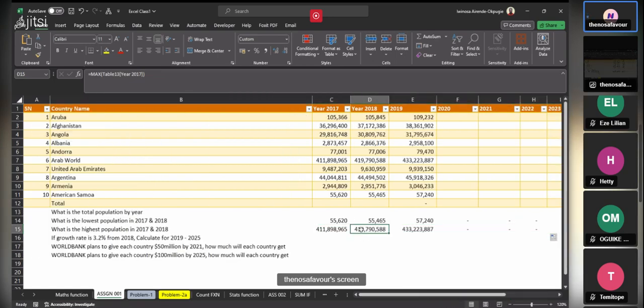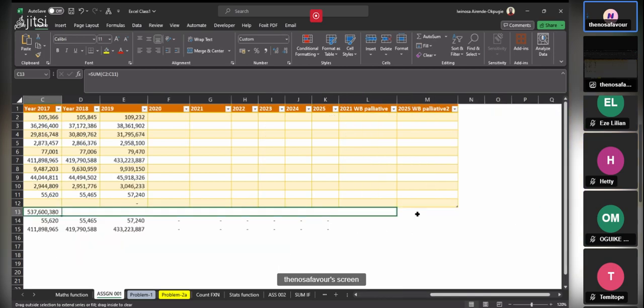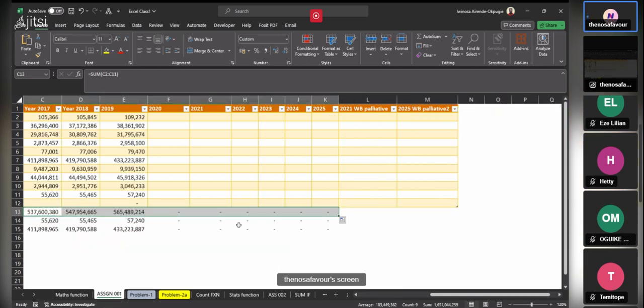And if you want to be sure, when you check your formula, you will see it says Table13 year 2018, year 2019. If we also do the same thing, if I say this equals SUM, and drag this down, bracket close, enter, and drag this down as well, it's also going to copy that same formula across the board.